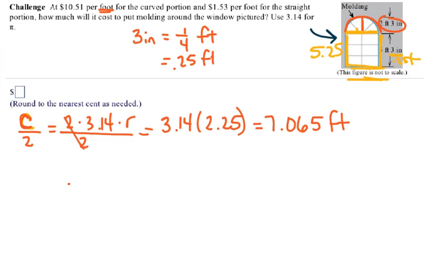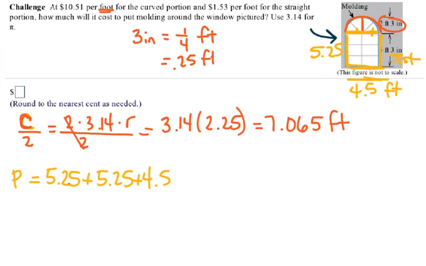So it's 2.25 here plus 2.25 here, and that gives us 4.5 for the bottom. So the perimeter of the bottom is 5.25 plus 5.25 plus 4.5.